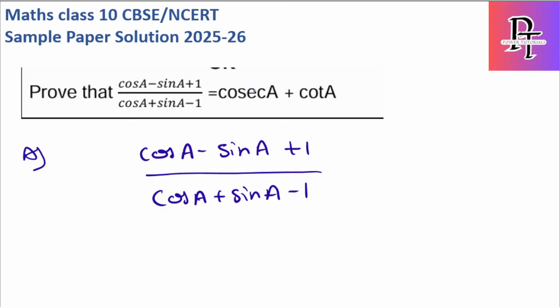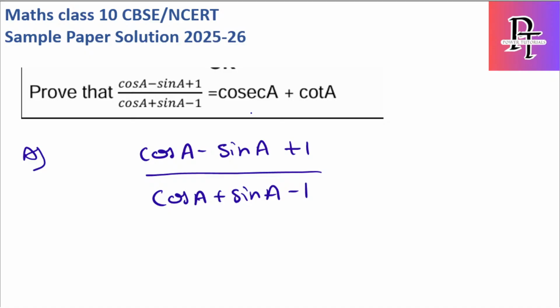If you notice, on the right side we have cosecant and cot, whereas on the left side we have sin and cos. So for this, if we divide by sin or cos, we can convert into tan and cot, so cosecant and cot.